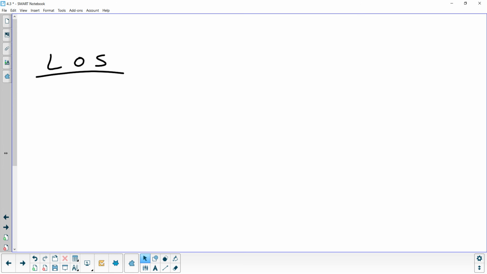Law of sines. Can somebody give me one type of triangle that we solve with law of sines? I'm thinking of the A's and the S's. SSA. Now that's the tricky case. Remember, you can end up with 0, 1, or 2 solutions. That's the only case you ever have to worry about that.